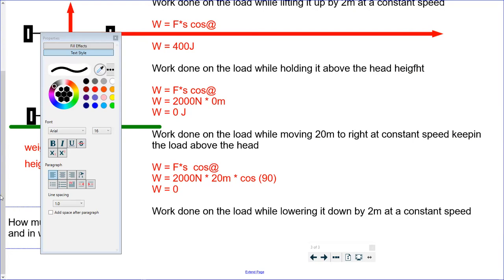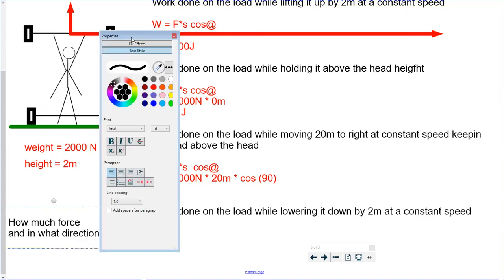Okay, Fatma, what do you think? How much force and in what direction?